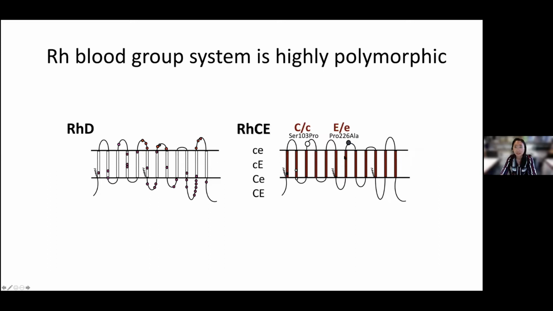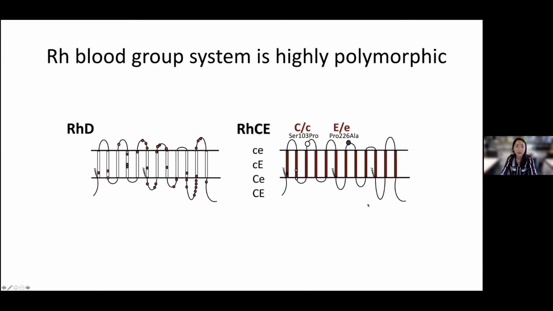And the C's and the E's are encoded by the RHCE gene. And while you can or cannot have RHD, you have to have one of these 4 combinations of RHCE: little c, little e; little c, big E; big C, little e; or big C, big E. And these are the 5 conventional Rh antigens.